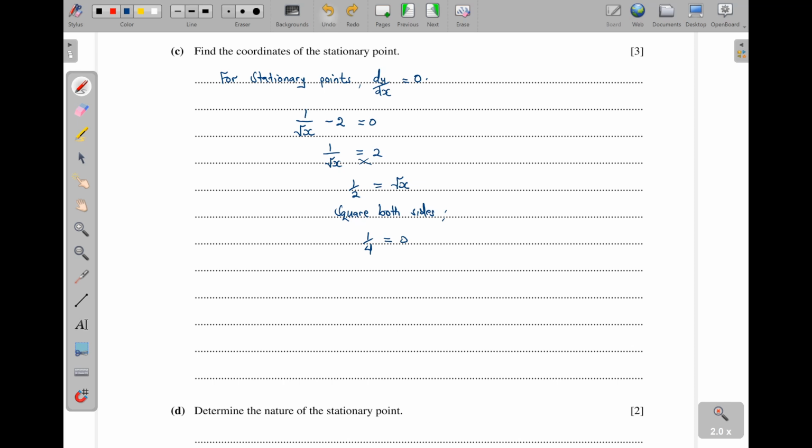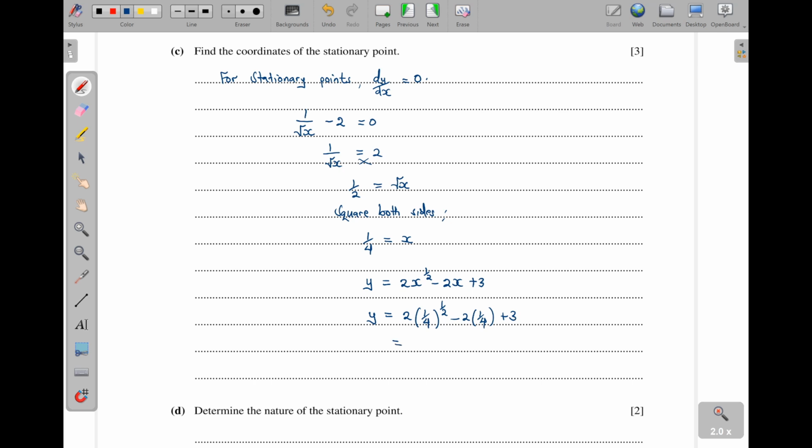They said coordinates. So that means we need to get the y coordinate also. So what will be the y coordinate? Now you go and substitute into the equation of the curve. Remember, we got it as y is equal to 2x to the power of 1/2 minus 2x plus 3. If you got this one wrongly, there is no way you are going to get that answer. So we shall have y equal to 2 times a quarter to the power half, minus 2 times a quarter, plus 3.